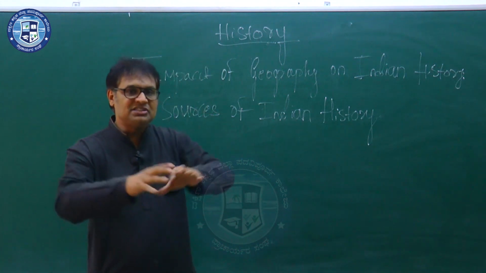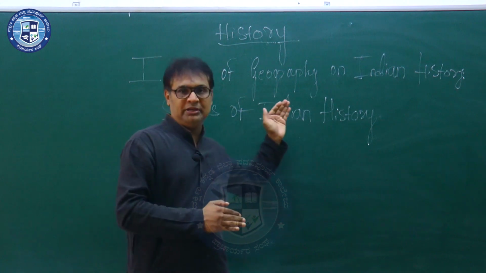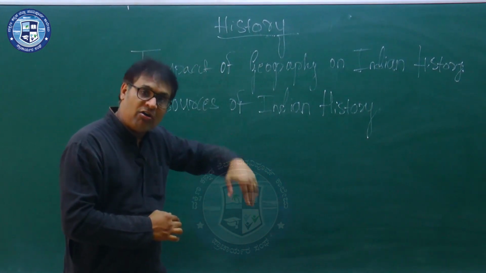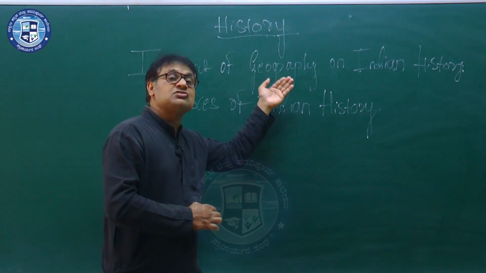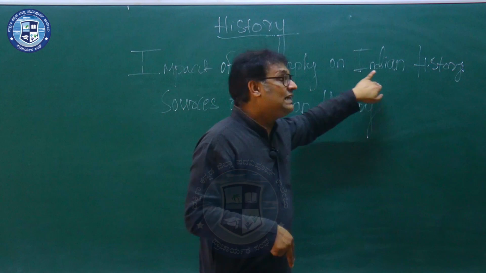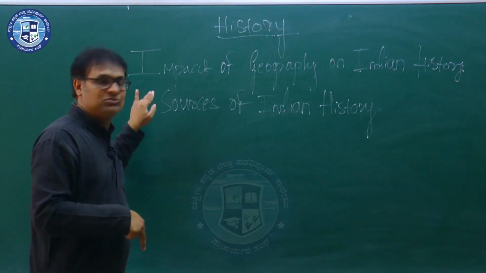It tells the different types of features of earth, that is geography. So the effective influence of the features of earth related to India on Indian history. Hope you are understanding what I am trying to tell.